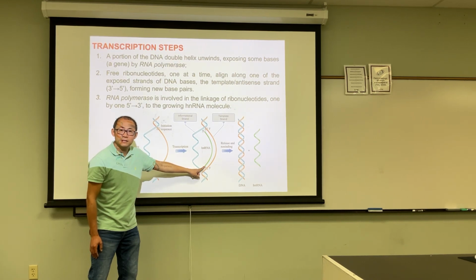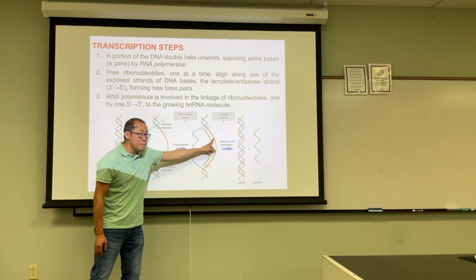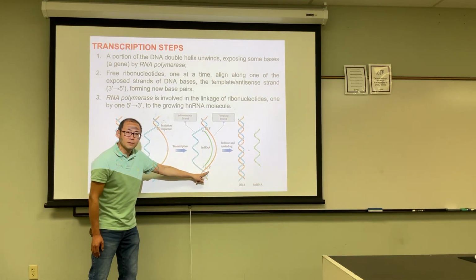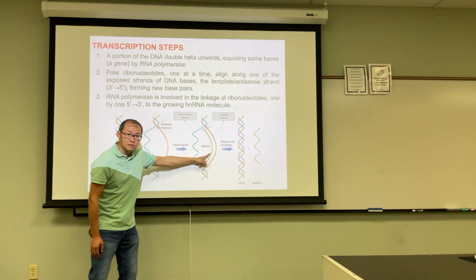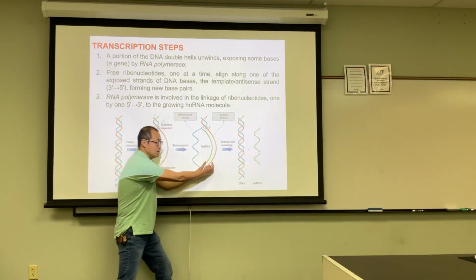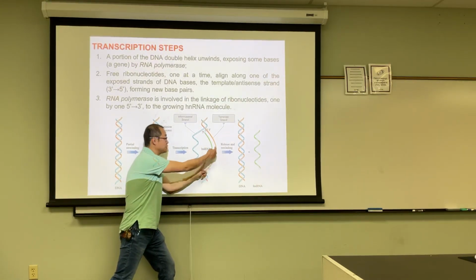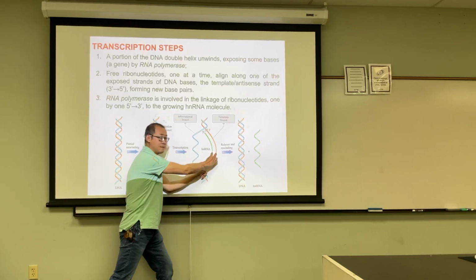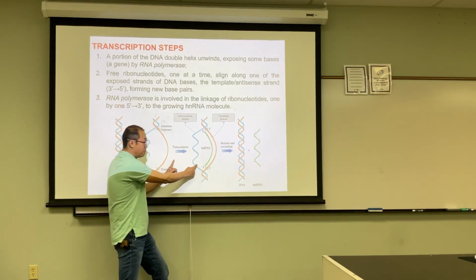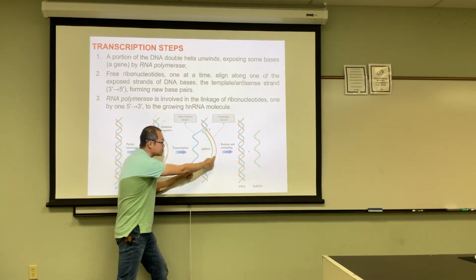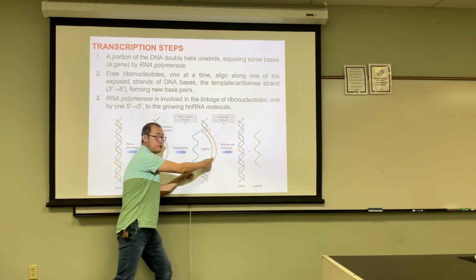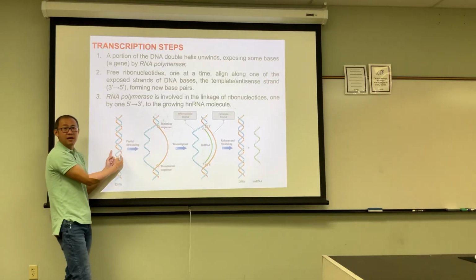Now think about it. This strand is called the template strand. When you make an RNA of it, this RNA is complementary to this piece. Is that right? These are complementary. And the original, the blue DNA, is also complementary, because they were a double helix.